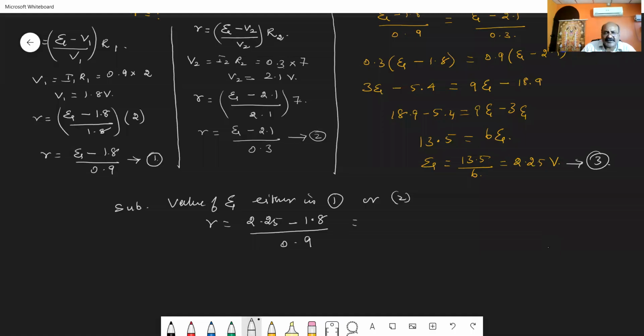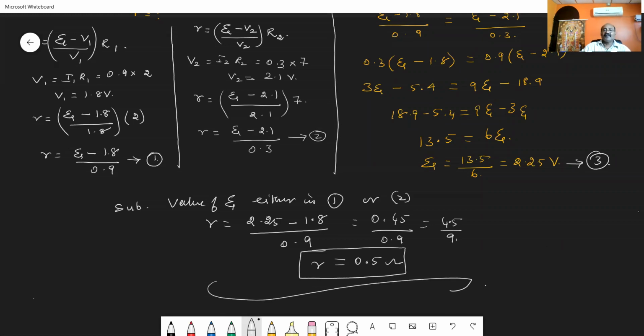So when you are substituting in equation 1, what am I able to get? (2.25 minus 1.8) by 0.9. On subtracting, I will be getting 0.45 divided by 0.9. Or I can write like this, 4.5 divided by 9. So 4.5 divided by 9 is 0.5 ohm. So the internal resistance of the cell is given as 0.5 ohm as its answer.